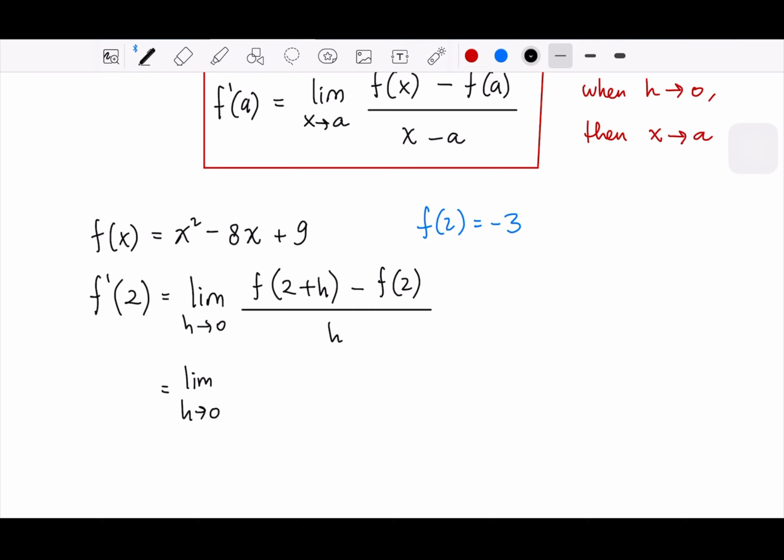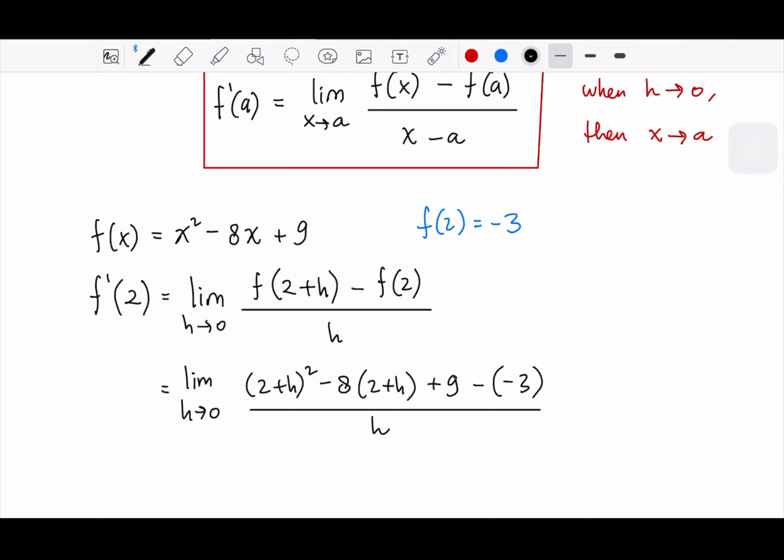Let's just take this old way, just to see the proof. So 2 plus h squared minus 8 times 2 plus h plus 9 minus negative 3, divided by h.